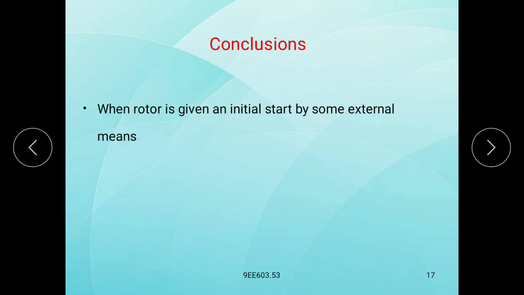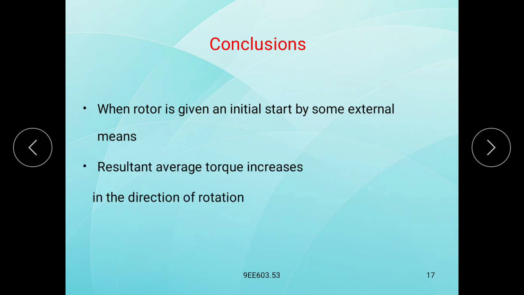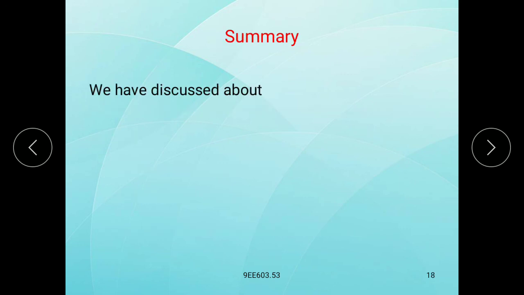When the rotor is given an initial start by some external means, the resultant average torque increases in the direction of rotation, and the motor gives performance similar to a three-phase induction motor. Summary: we have discussed double field revolving theory.